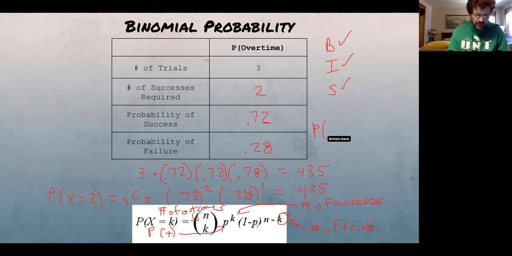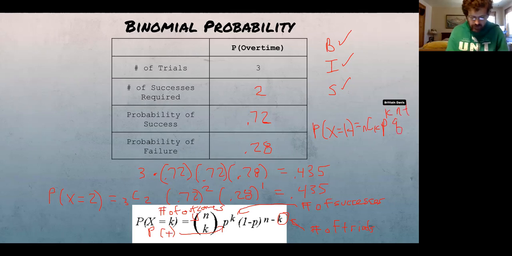Theirs, actually, I'm not looking at it, is slightly different. It's going to be n choose k times p to the power of k times q to the power of n minus k. I think that's how they have it written. And q is the probability of failure.